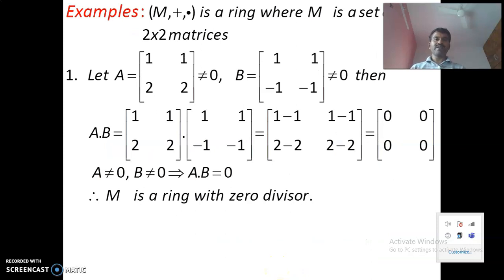And the set of all 2 by 2 matrices: let us take A as a non-zero matrix, and B is also a non-zero matrix. If you take the multiplication of these two, it becomes 0, wherein A and B are non-zero matrices such that the product of these two is 0, therefore this matrix ring is a ring with zero divisors.